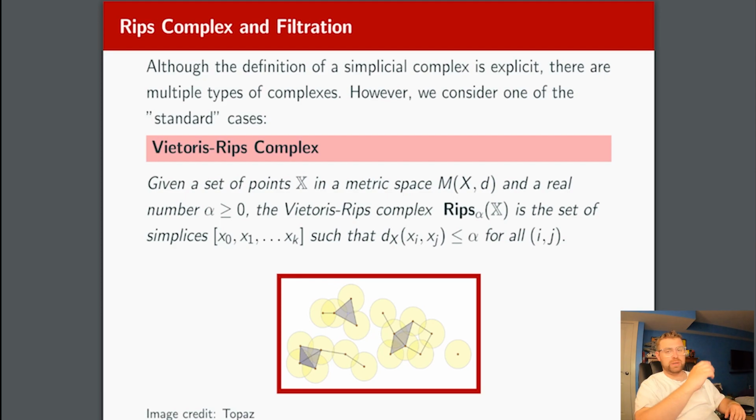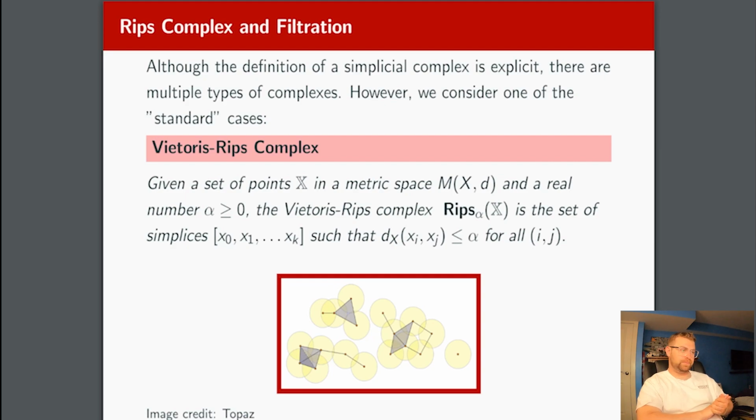Here in this picture it's Euclidean, but that doesn't need to be the case. This is a great way of saying how far apart, or how correlated, I want these things to be before I consider them part of a simplex or a simplicial complex.